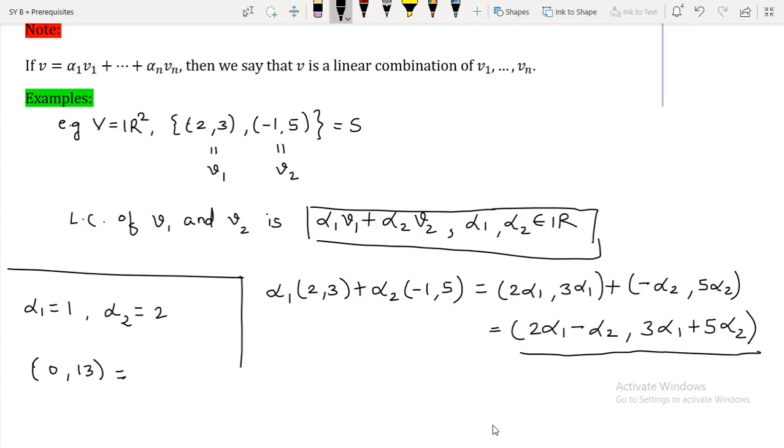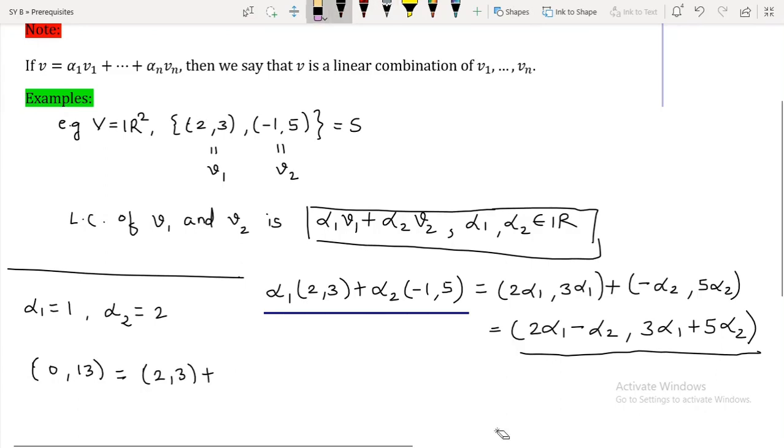So how can you write this (0, 13)? Observe carefully, I am taking the help of this equation. What is my alpha 1? That is 1. So 1 times (2, 3) plus alpha 2, that is 2 only, times (-1, 5).